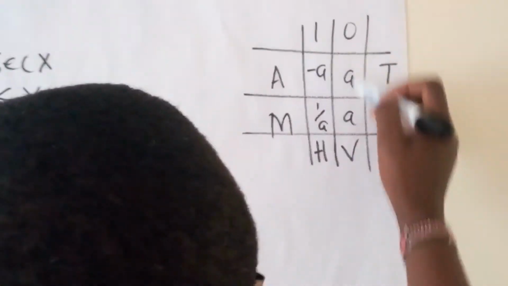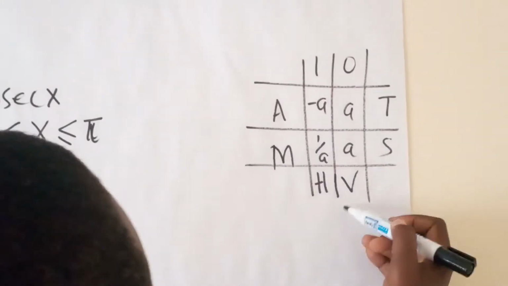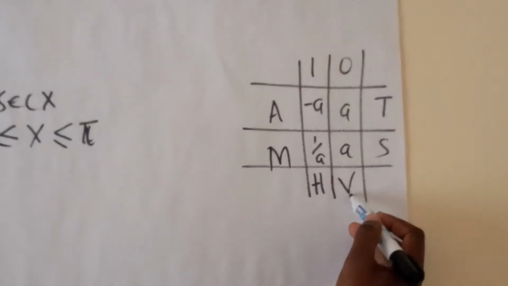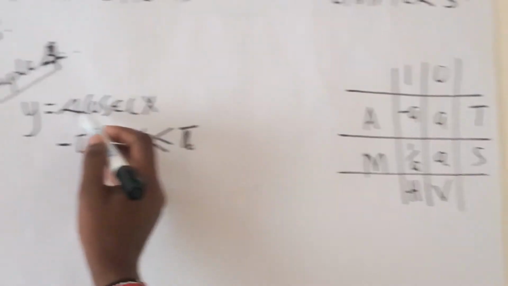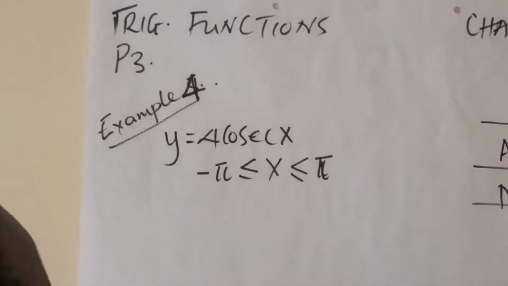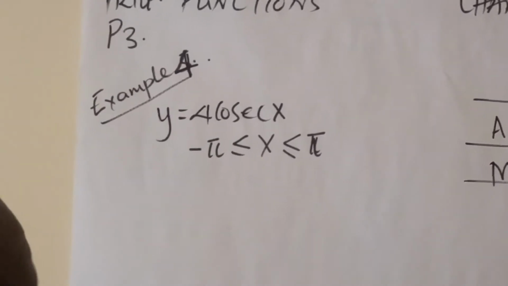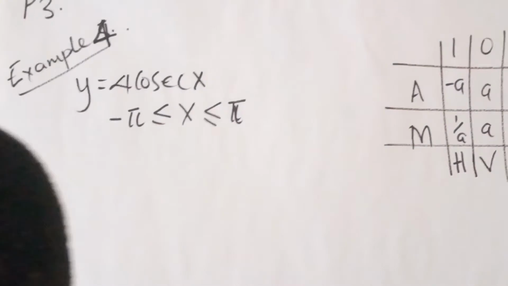And we all know when we have multiplication outside, that is a vertical stretch of scale factor a. In this case, our a happens to be 4. That means all the y values are supposed to be multiplied by 4.